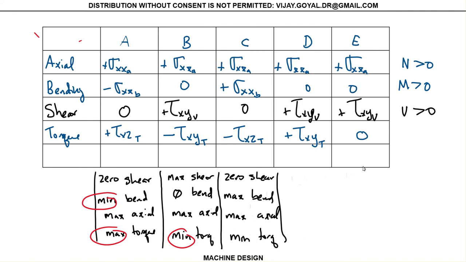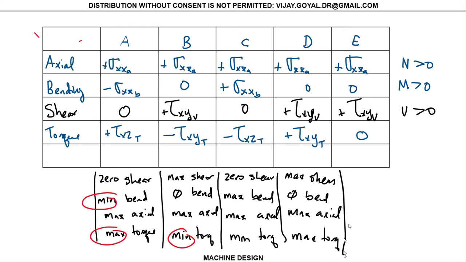Here, this point right here, we know that we have maximum shear, zero bending, max axial, and max torque.